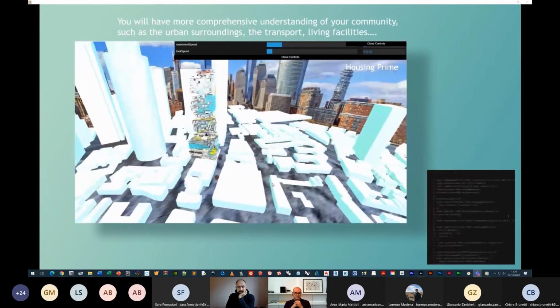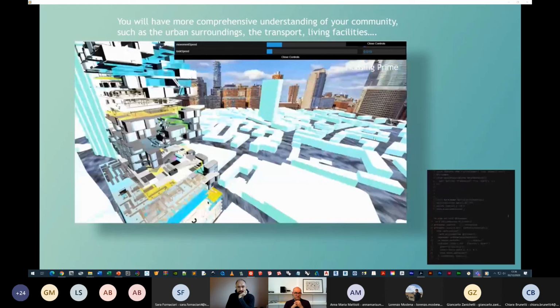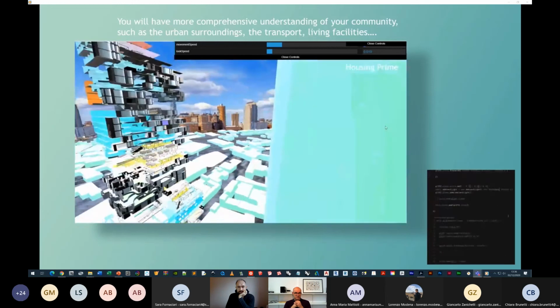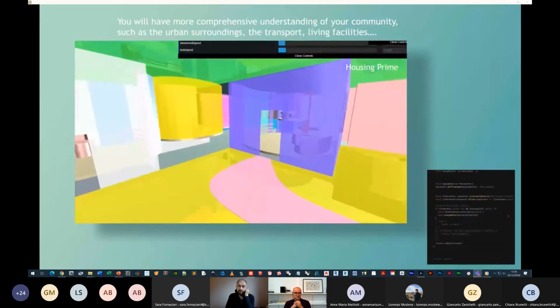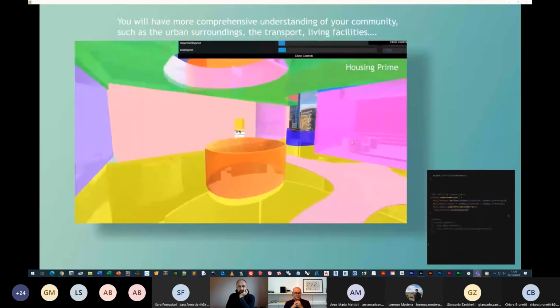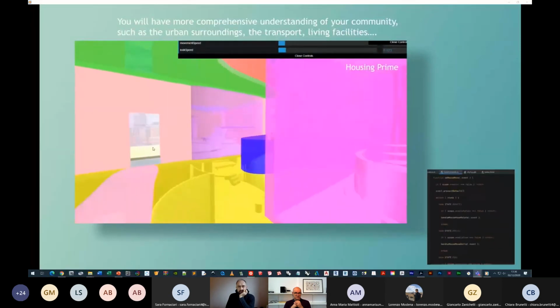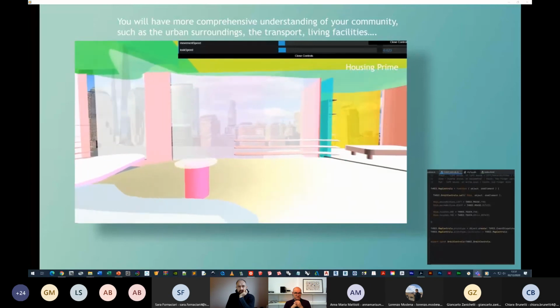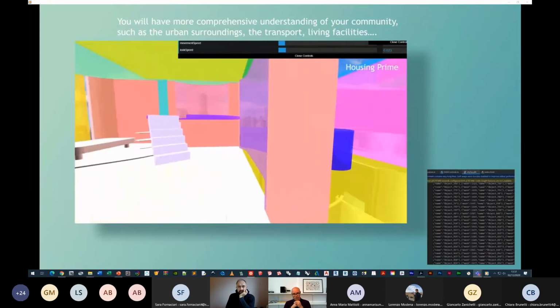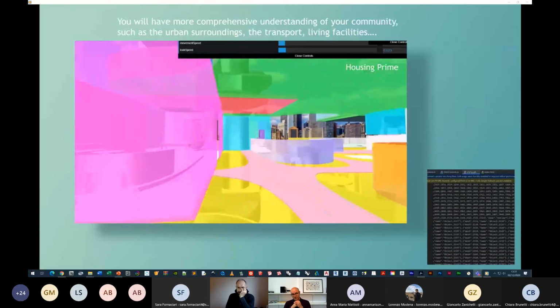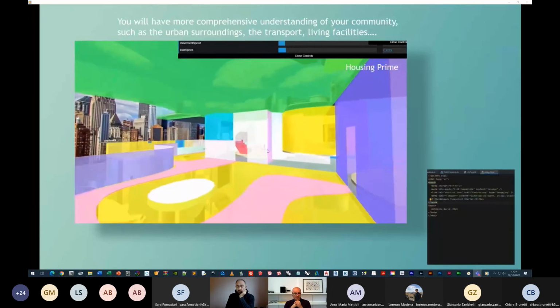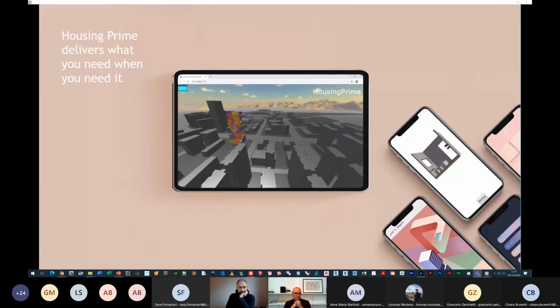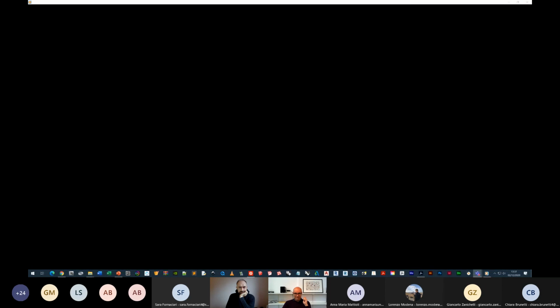You will have more comprehensive understanding of your community, such as the urban surroundings, the transport, living facilities. Share what's going on in the building and community. Encourage your friends to move in and make your community great. Real feedback, real facts, and real visualization. Housing Prime delivers what you need when you need it.